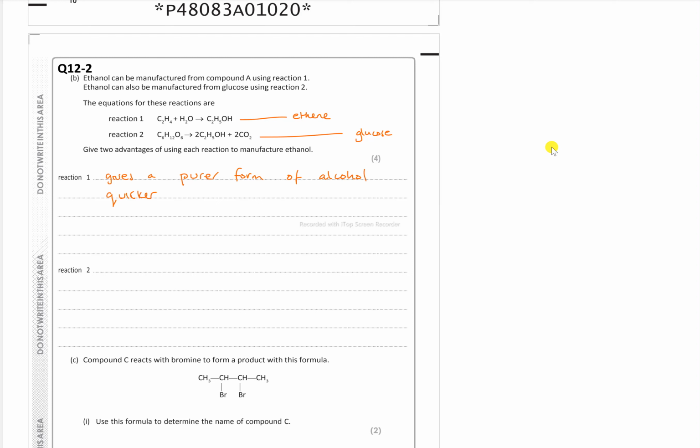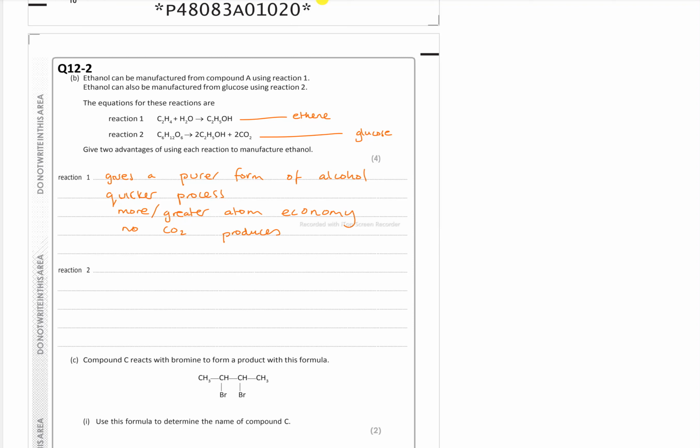It's a quicker process; it doesn't take 2 weeks. It is more efficient and has a greater atom economy, because anything that's not used is recycled. There's no carbon dioxide produced, so no greenhouse gases.